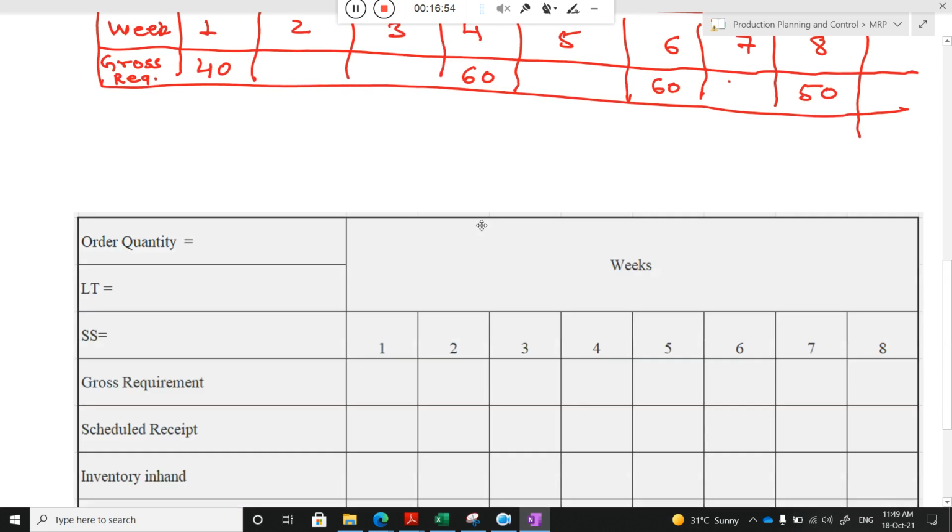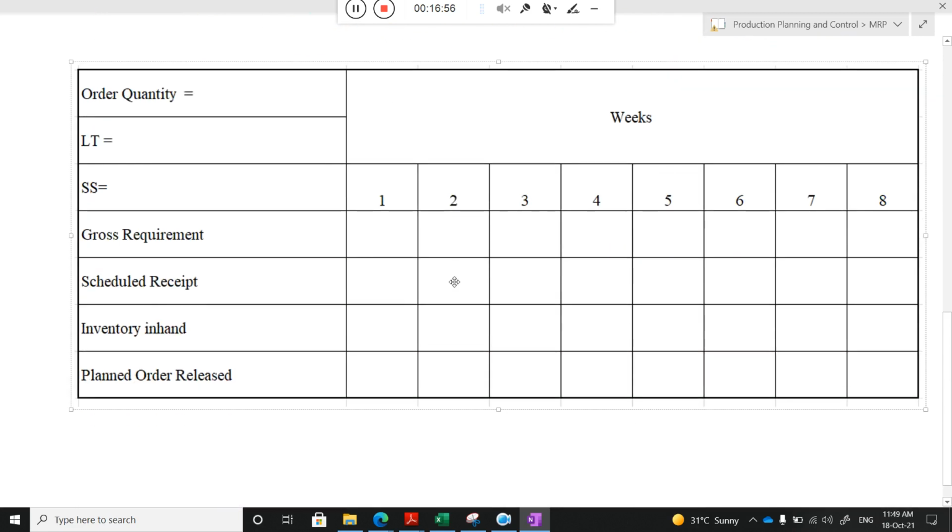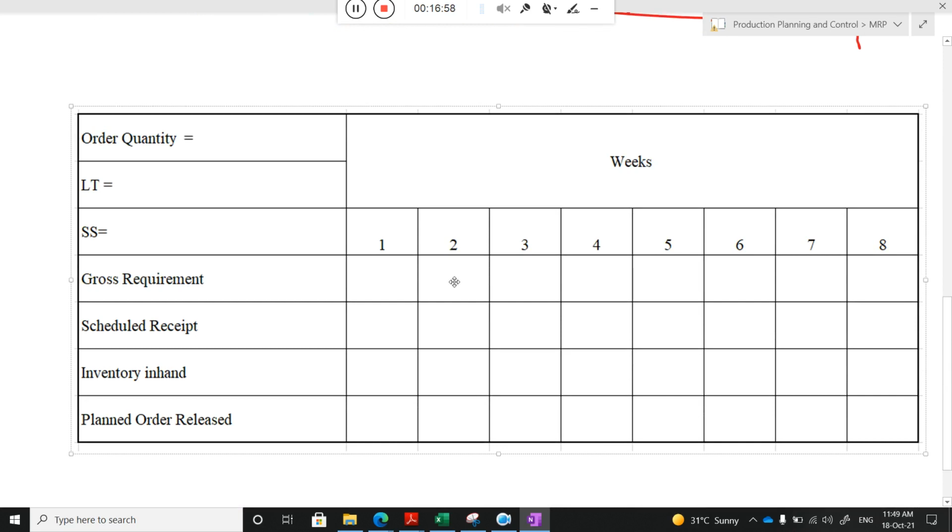Sir, make it large, please. Okay, now it is visible. So this is the MRP, I'm sorry, material requirement planning, related to handlebar.